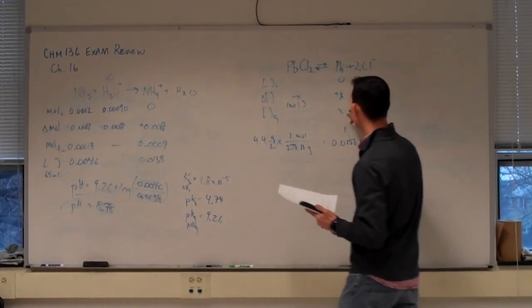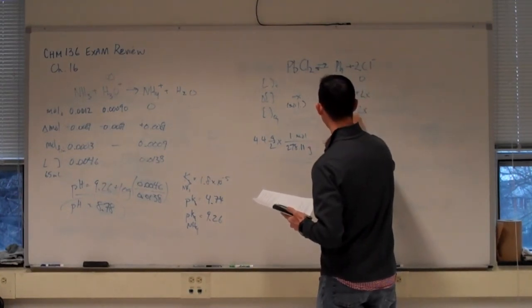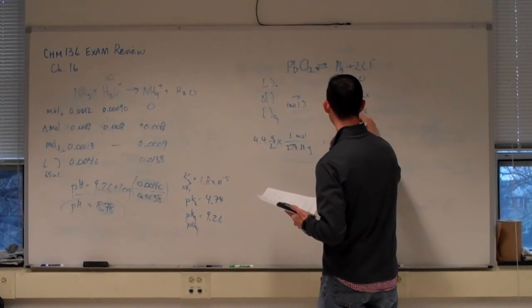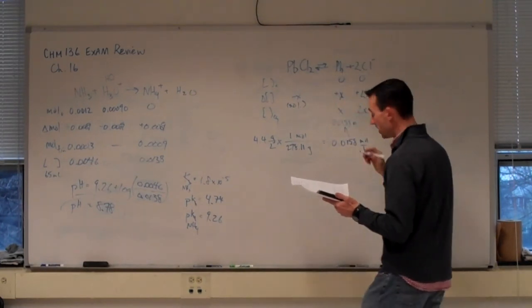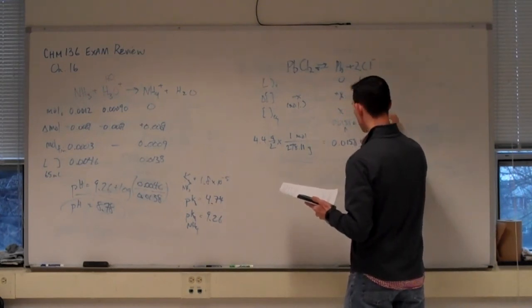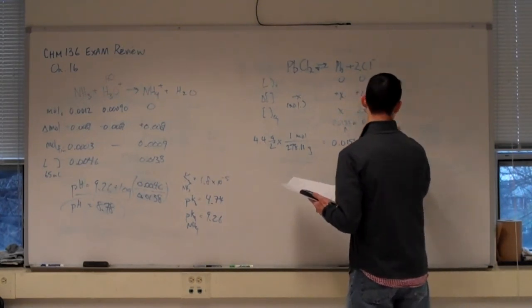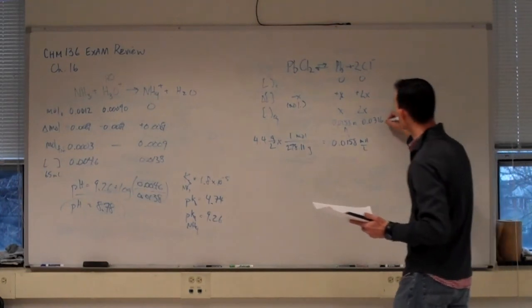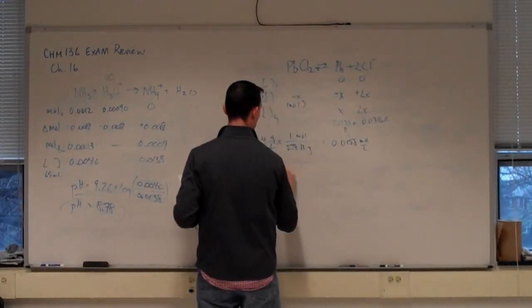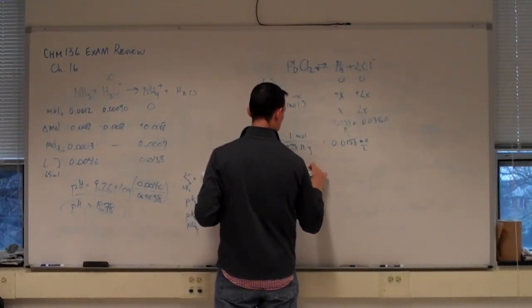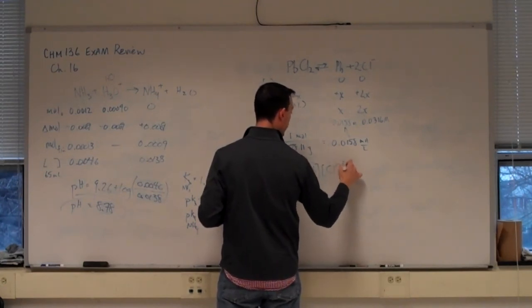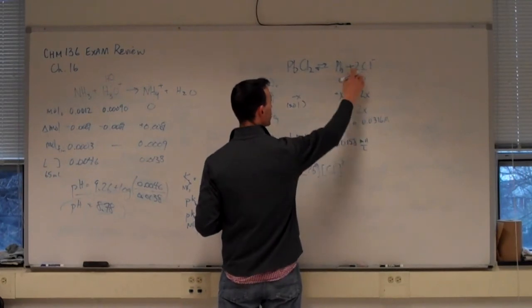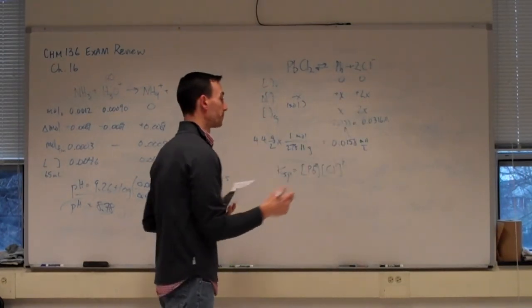Therefore, our concentration of lead will be 0.0158 molar, and our concentration of chloride ion will be double that, 0.0316 molar. Now the Ksp is the concentration of the lead times the concentration of the chloride squared, because its coefficient is 2.